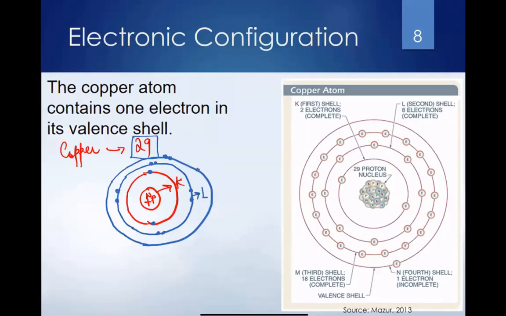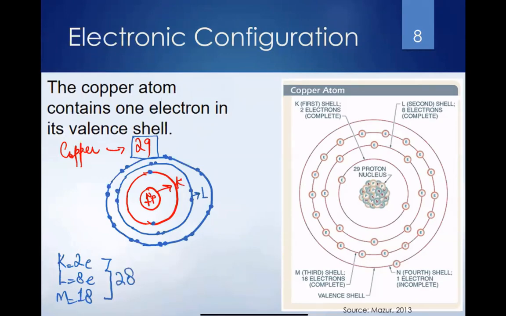So 2, 4, 6, 8, 10, 12, 14, 16, and 18. Now I got K equals 2, L equals 8 electrons, M equals 18. If I add them up, I get what? I get 28, right? 10 plus 18 is 28.